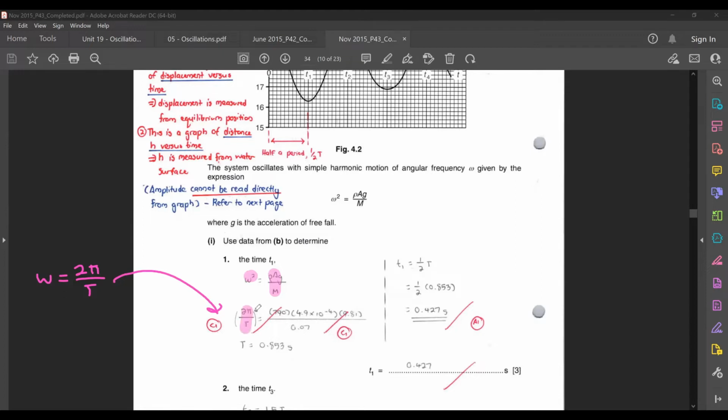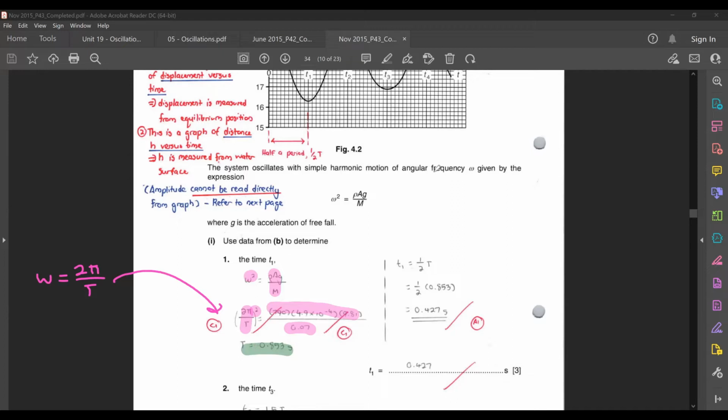So 2 pi over T, squared, equals all the required values of density, area, gravitational acceleration divided by mass. You're going to get the period eventually as 0.853 seconds.